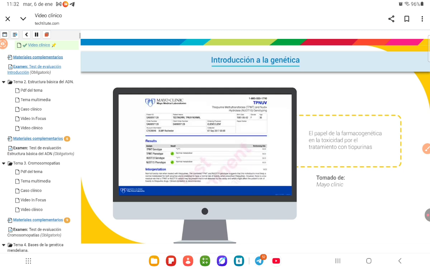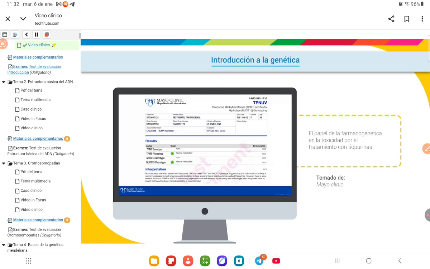So this is an example of a normal report and suggests that our patient in this example would have a normal risk of toxicity when treated with thiopurine. As you can see in the results section in the middle of the screen, the TPMT genotype is star1 and the patient has a normal TPMT metabolizer phenotype.